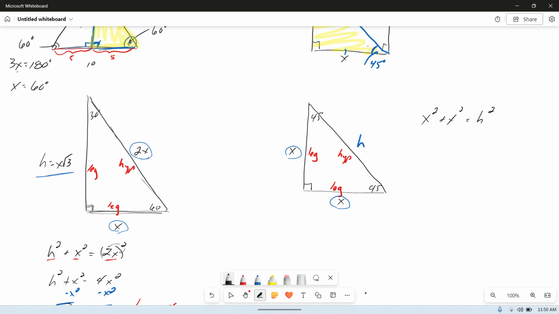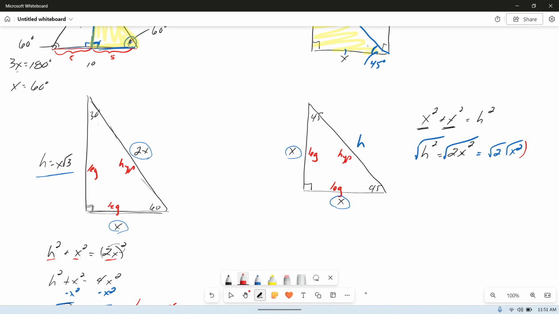The two legs are each x, so x squared plus x squared equals h squared. So h squared is equal to 1x squared plus another x squared, that would be 2x squared. Solving the rest of this equation for h is similar to what we did earlier. When I take the square root of both sides, the square root of 2x squared is the same as the square root of 2 times the square root of x squared.